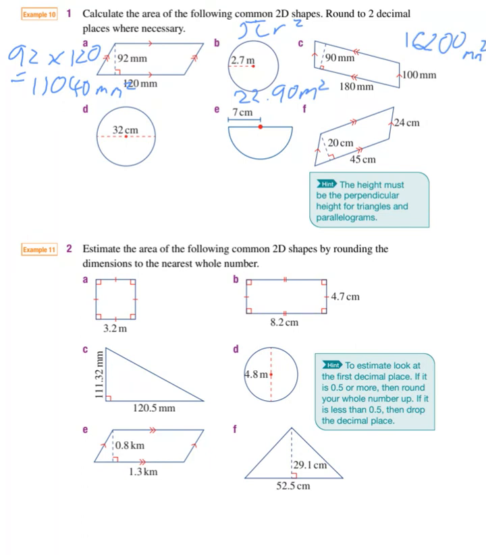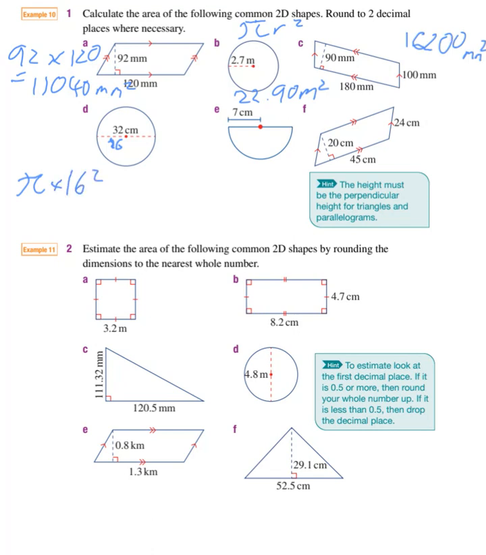Okay, for D, we can again use pi r squared as we normally would, with r being half of this, because this is the diameter from one side to the other. We only need half of that. Half of it will be 16. So you've just got to do pi times 16 squared.